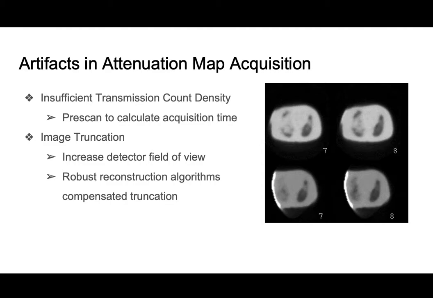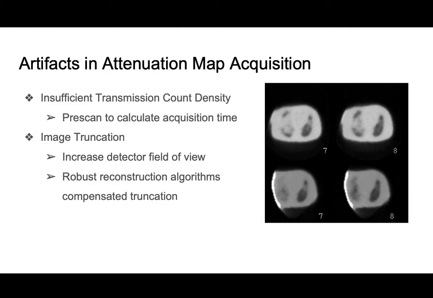Okay, sorry about that. When treating a patient with a large body size, image truncation can sometimes happen. When part of the patient moves outside of the detector field of view, it can cause the image to truncate.